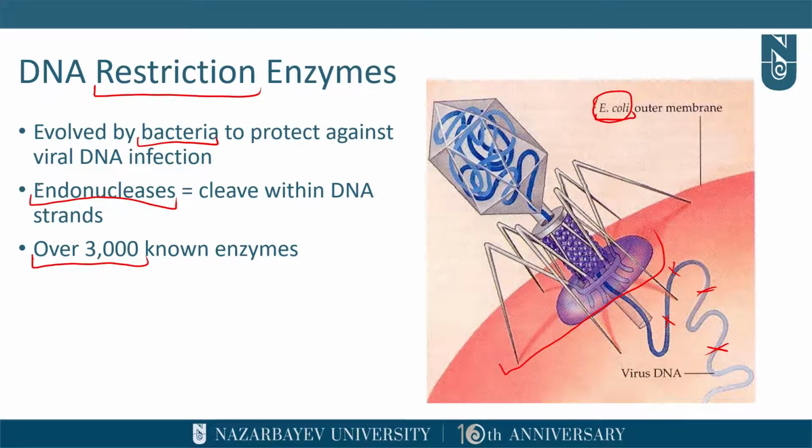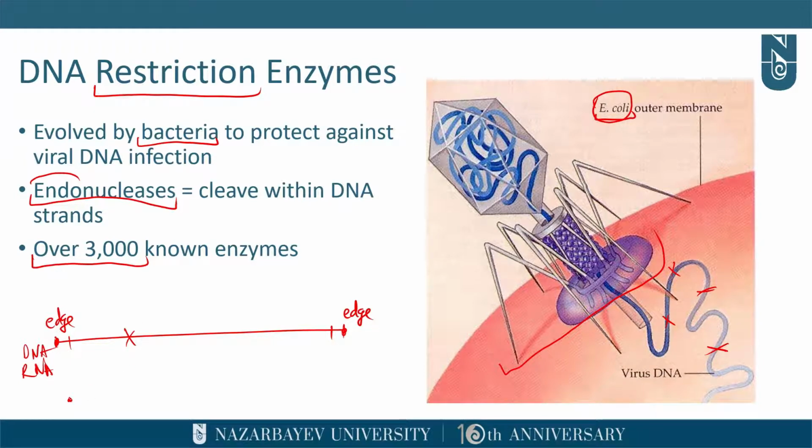So here you can see the endonuclease, and endo means that if you have the DNA molecule or RNA molecule, the cut will happen somewhere away from the edges, okay? So we have edge here and here. Anywhere between these edges is called endo, inside.